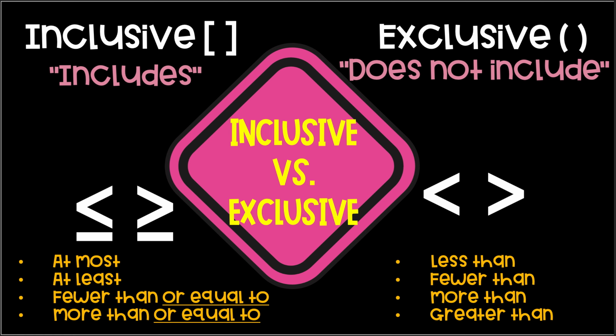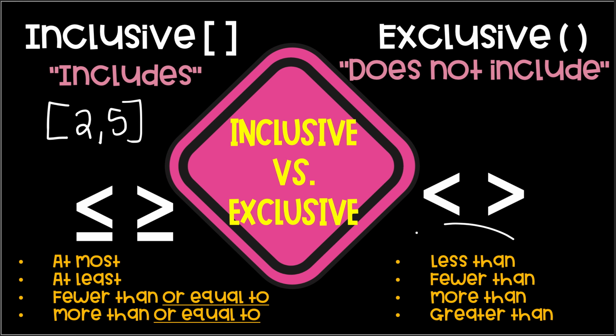That "or equal to" is what we represent with the line at the bottom of our inequality symbols. We call this inclusive. If we're writing it as a range, we use square brackets to denote our interval. For example, the numbers from 2 to 5 include the numbers 2 and 5.